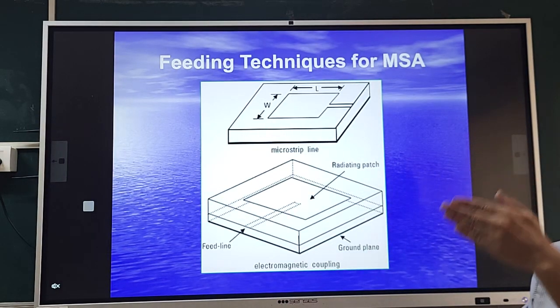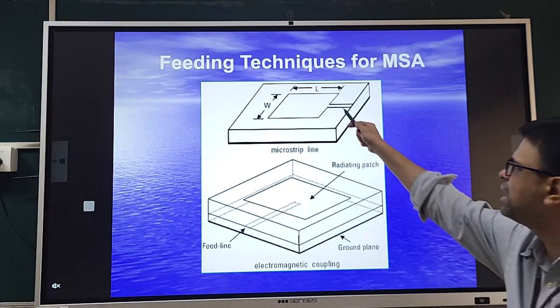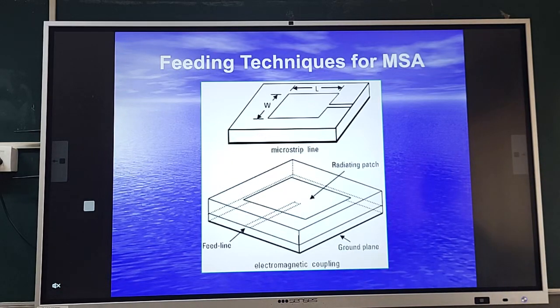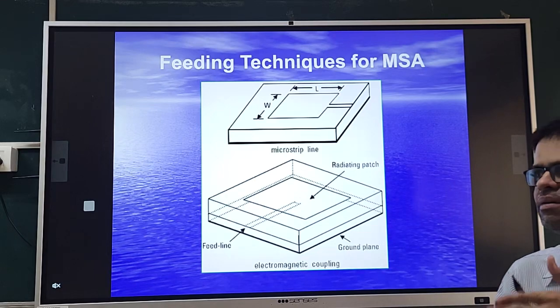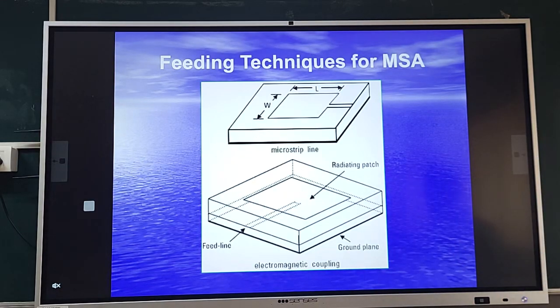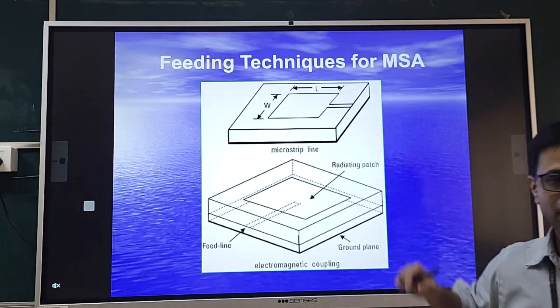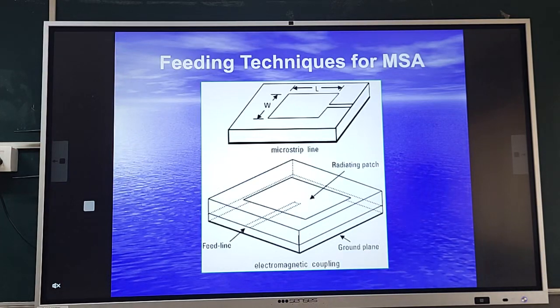So the impedance of the antenna and the impedance of the microstrip line should be the same. Sometimes you need to design an impedance matching transformer, or you need to design the microstrip line which has that appropriate impedance so that it can match the edge impedance of the antenna. So this is your microstrip line design, very much used in arrays.